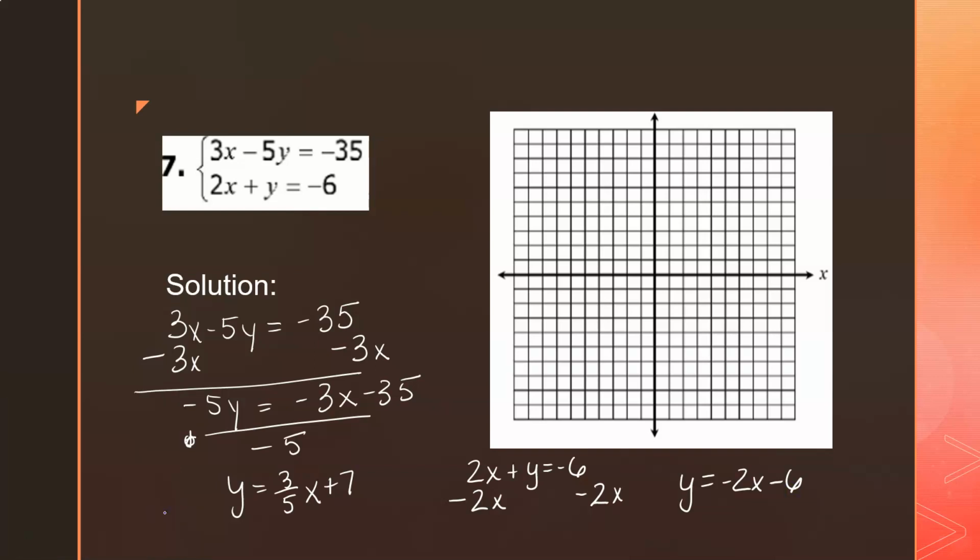So my first one starts at 7. And I'm going to go up 3 over 5. Do the opposite here. Pretty good line there. All right, my other one starts at -6.